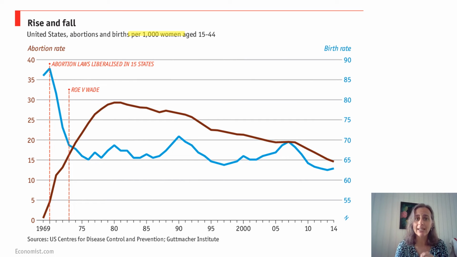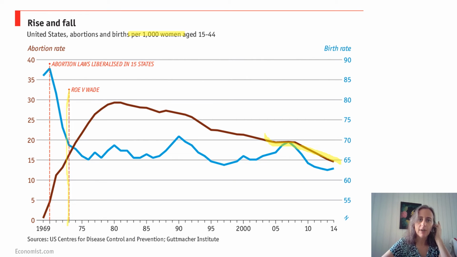So when you look at the rate, when you control per population, when you adjust for the population, what you can see is that abortion rates have actually been steadily decreasing. And this particular chart ends at 2014, but this trend has continued. In 2019, we had the lowest abortion rate ever in the history since we've been measuring them, when abortions became legal in the United States in 1973.